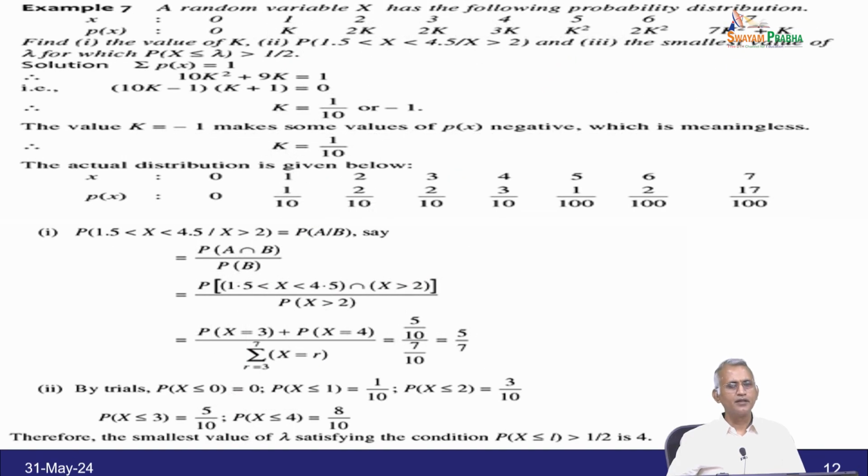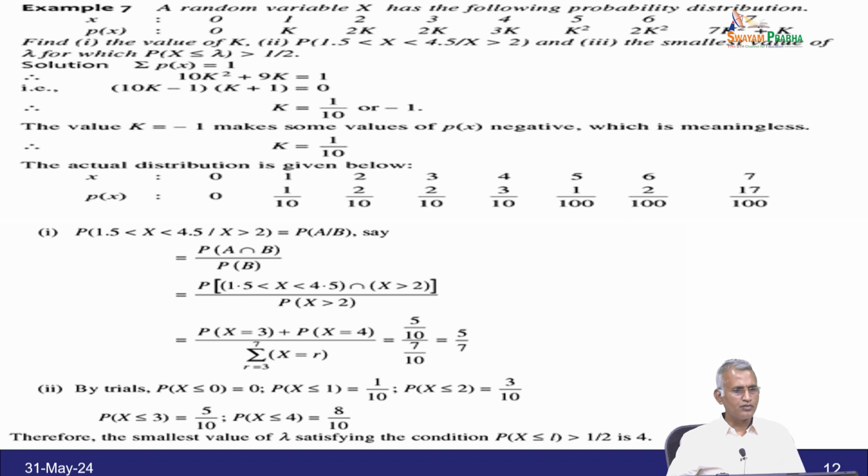And the next question: a random variable x has the following distribution, x equal to 0, 1, 2, 3 and so on up to 7, and probability of x equal to 0, k, 2k, 2k, 3k, k square, 2k square, 7k square plus k.